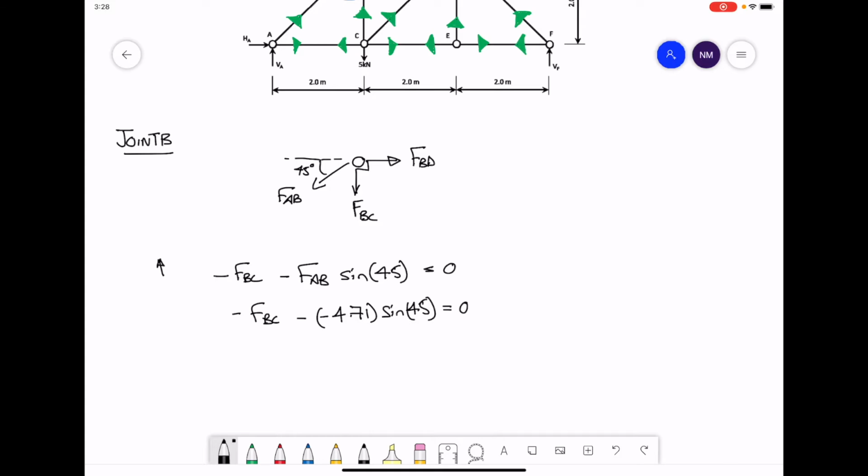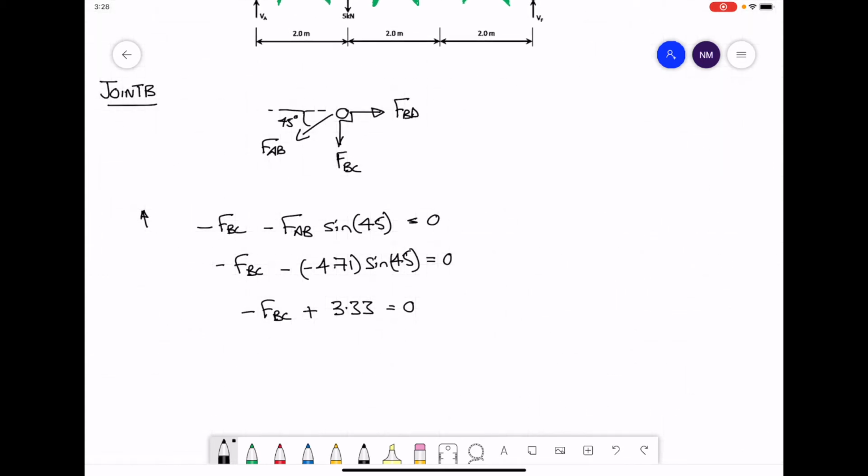Double negative makes it positive, so minus force BC plus 3.33 equals 0. Take force BC to the other side, it goes from negative to positive. Force BC is 3.33 kilonewtons.